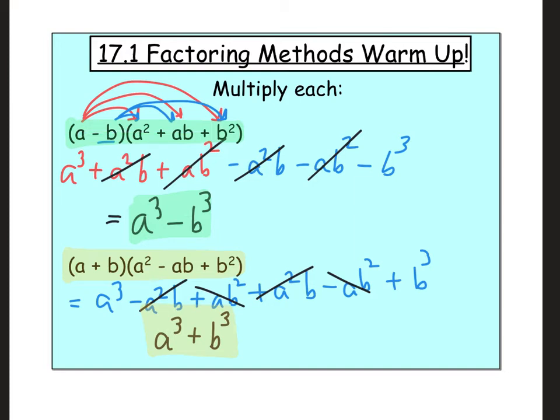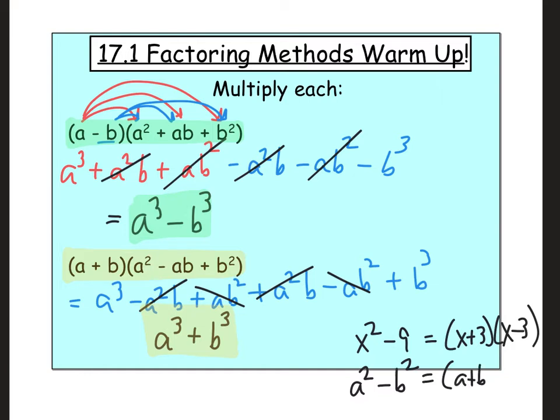It's similar to when we did quadratics back in the day, where we said something like x squared minus 9, for example, could be factored, right? It was the difference of perfect squares, x plus 3, x minus 3. So the rule was a squared minus b squared equaled a plus b times a minus b, right?